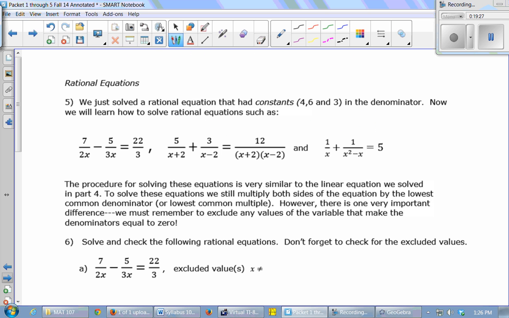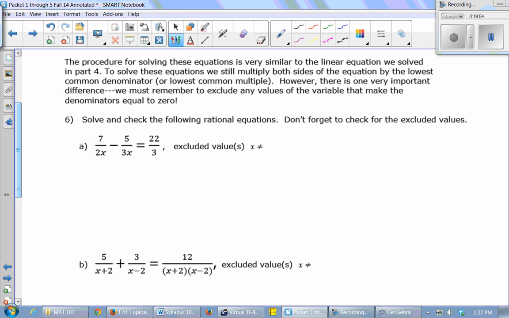Okay, so we're going to continue with this trend, solving a rational equation, dealing with equations that have fractions. But now we're just going to throw in one more little wrinkle. The two problems we did before, the denominators were all numbers, like 4, 6, 8, they were all constants. So now we're going to learn how to solve a rational equation where the denominators have x's in them, not just numbers.